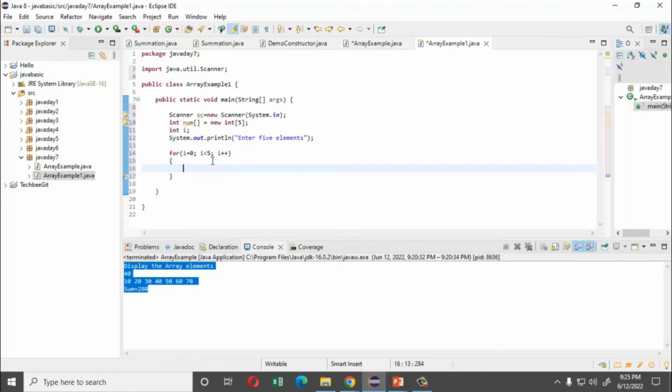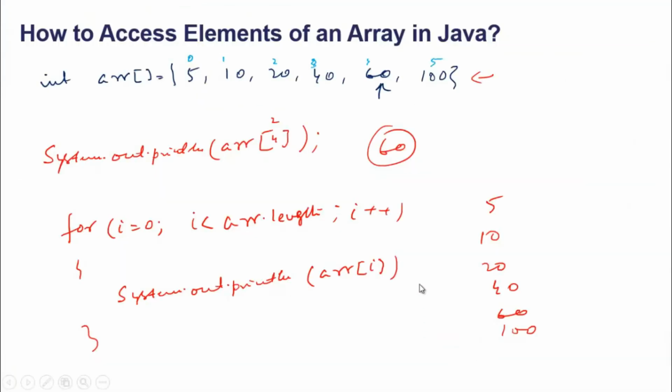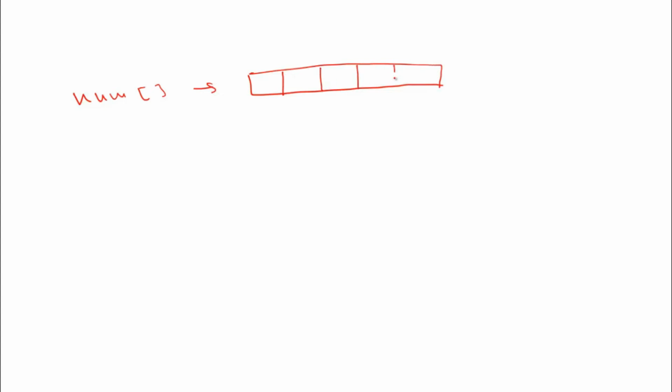How can I enter the values here? First of all, I have defined a variable num, and this will create empty 5 pockets, with indexes 0, 1, 2, 3, 4.